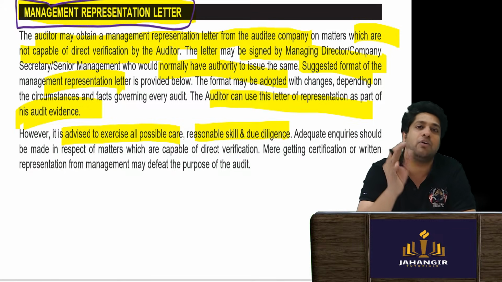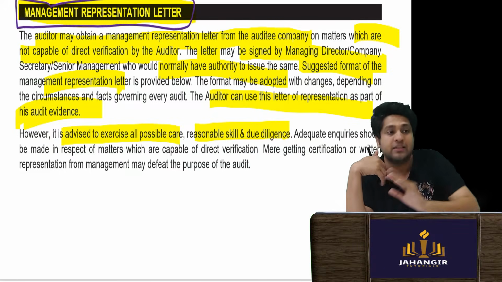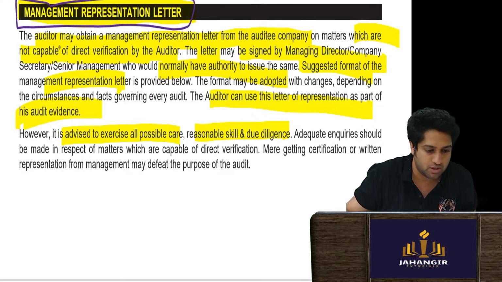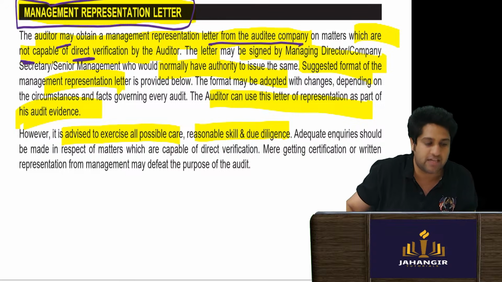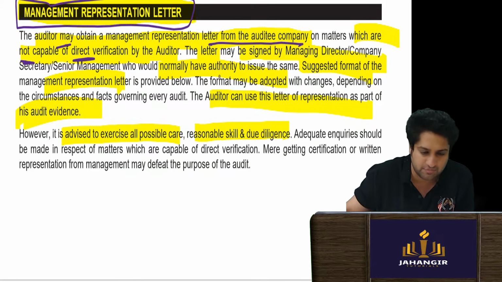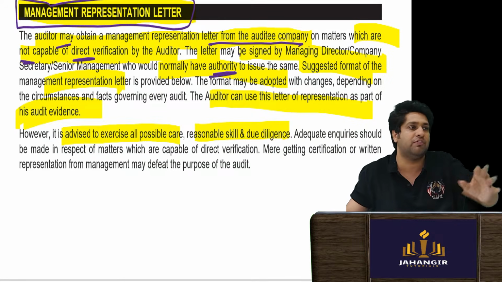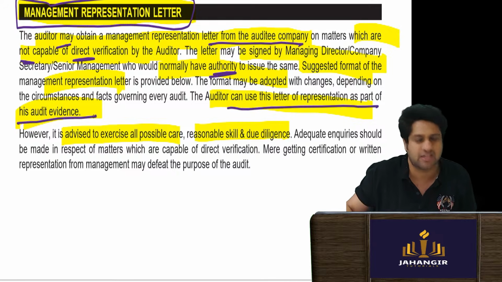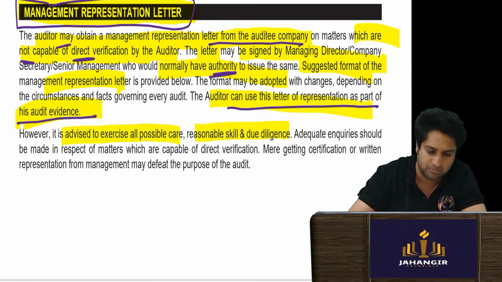Whenever they are relying on information shared by the management, they will take a management representation letter that all the information submitted by them is true. So the auditor may obtain a letter from the auditee where he is not capable of direct verification, or it is not feasible to do a direct verification. At that time it is very normal for the board of directors to issue a verification letter. This can be used as part of audit evidence: listen, this person said that all the contracts are genuine and as per law. So we will move ahead.